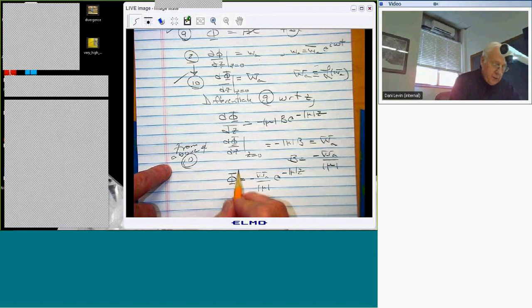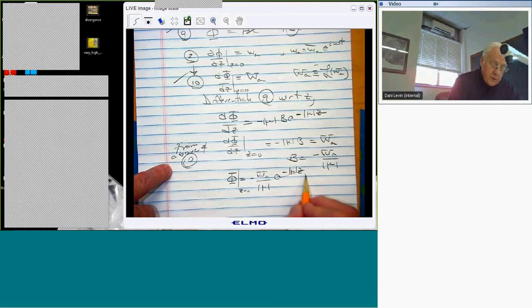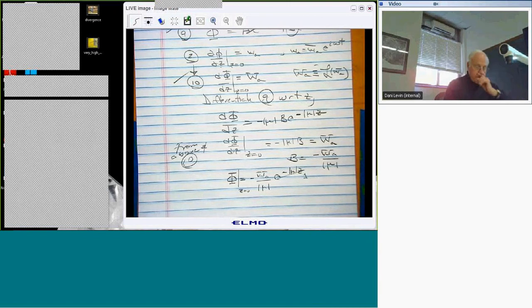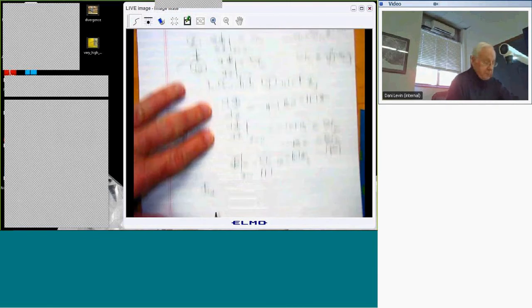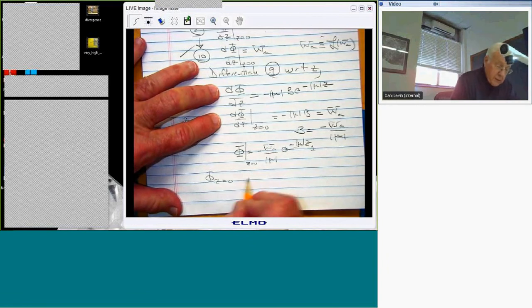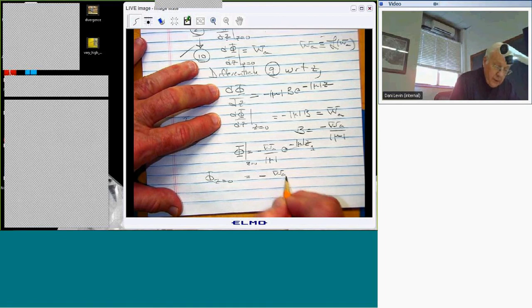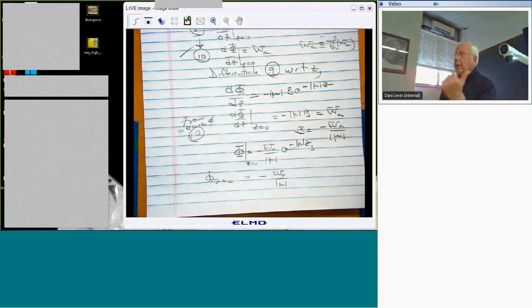So at z equals 0, this goes to 1, right? So phi at z equals 0 is just minus W A over the absolute value of mu. Remember that buried in mu is the Mach number, right?